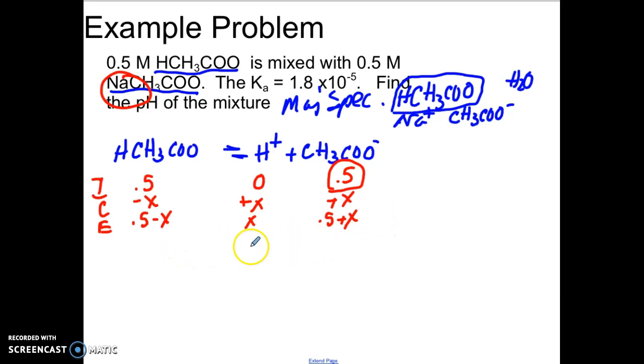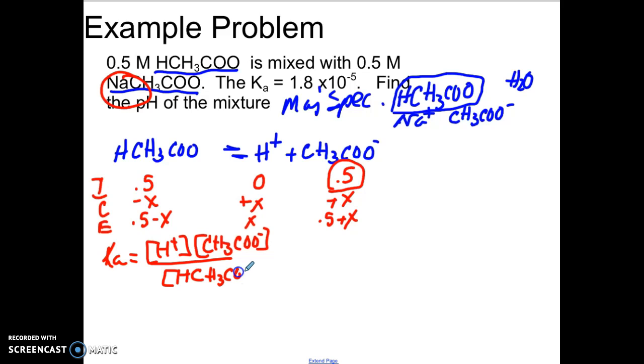As I build this RICE table, AP would want you to write the expression, which is Ka equal to the hydrogen ion concentration over the acetate, over the acetic acid concentration.